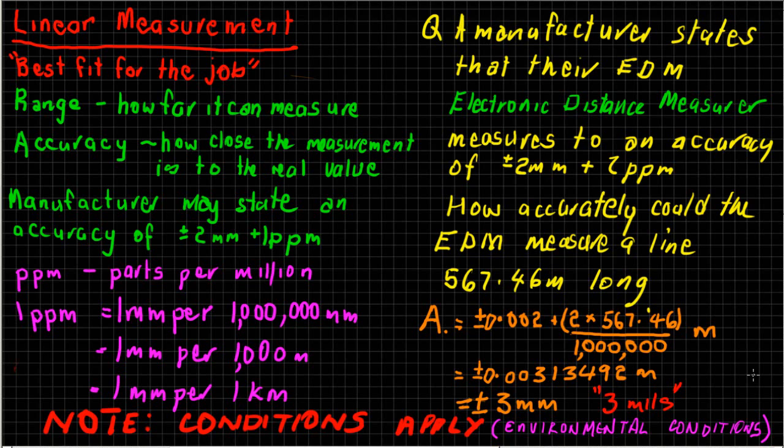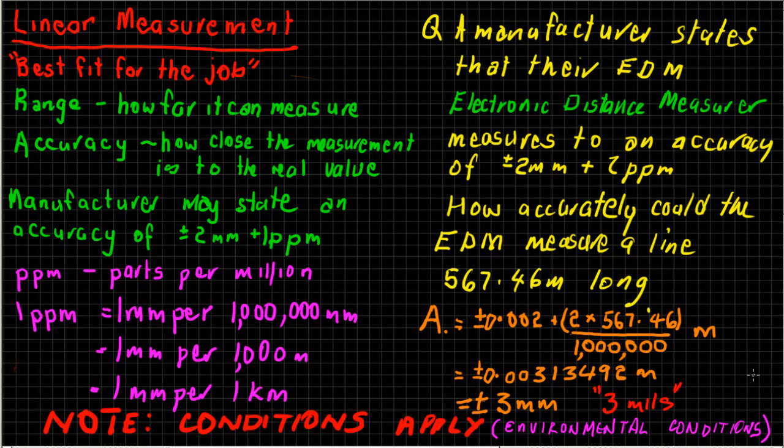So we'd get 0.00313492. Well, we did on my calculator anyway. And just rounding that up to millimeters, it's plus or minus 3 millimeters. Or as we say out on the job, 3 mils, plus or minus 3 mils. Now, you should note here that conditions apply.